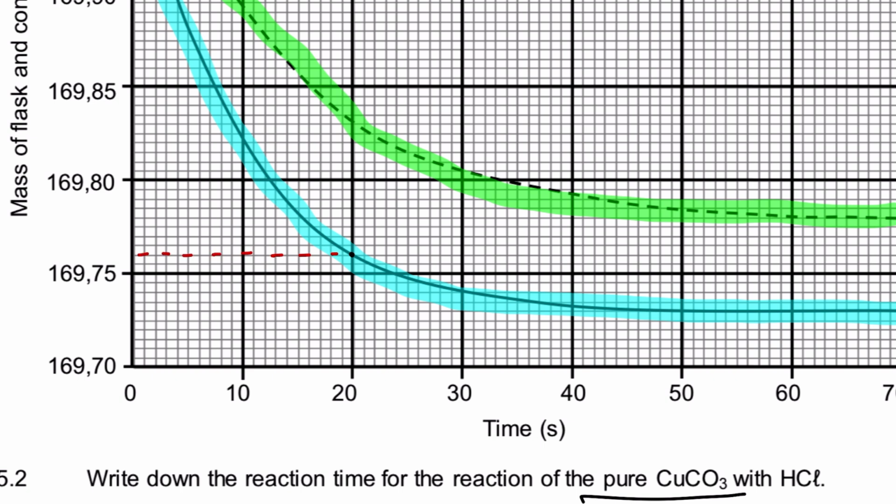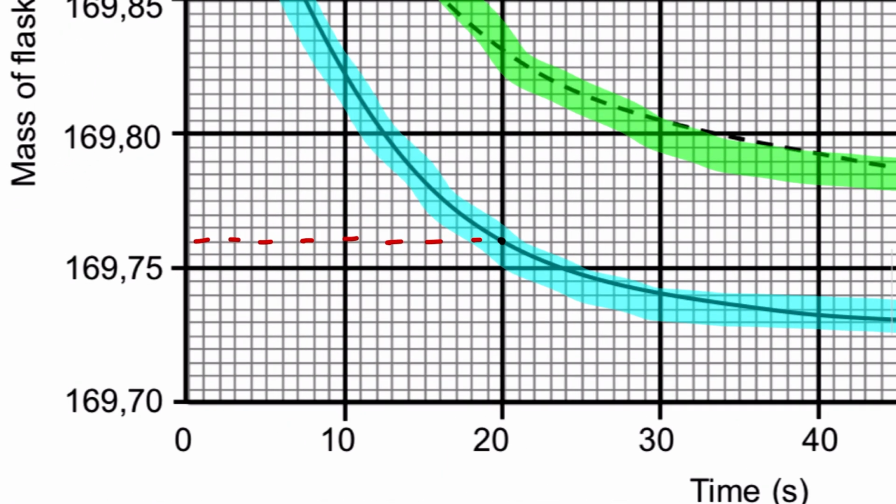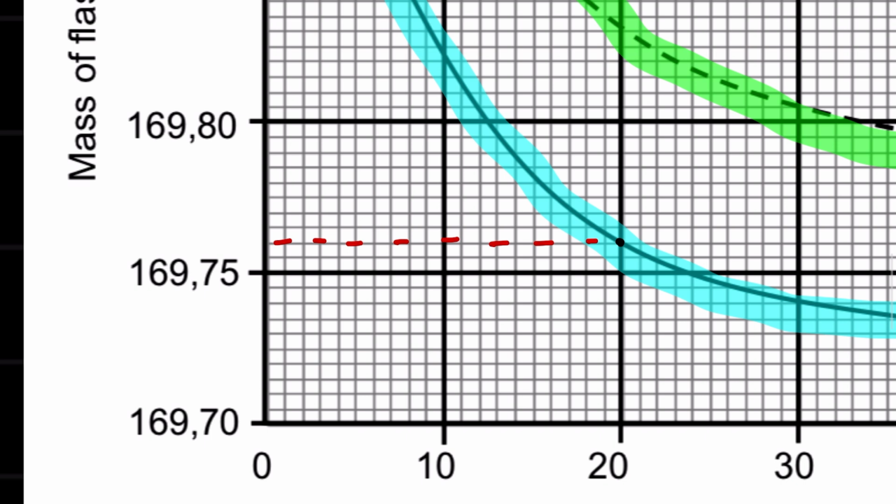Since this is a graph with grid lines, we do need to calculate the exact amount. It may be a bit difficult to work out what the intervals are here. So you take these two known values and subtract them: 169.8 minus 169.75 gives you 0.05.